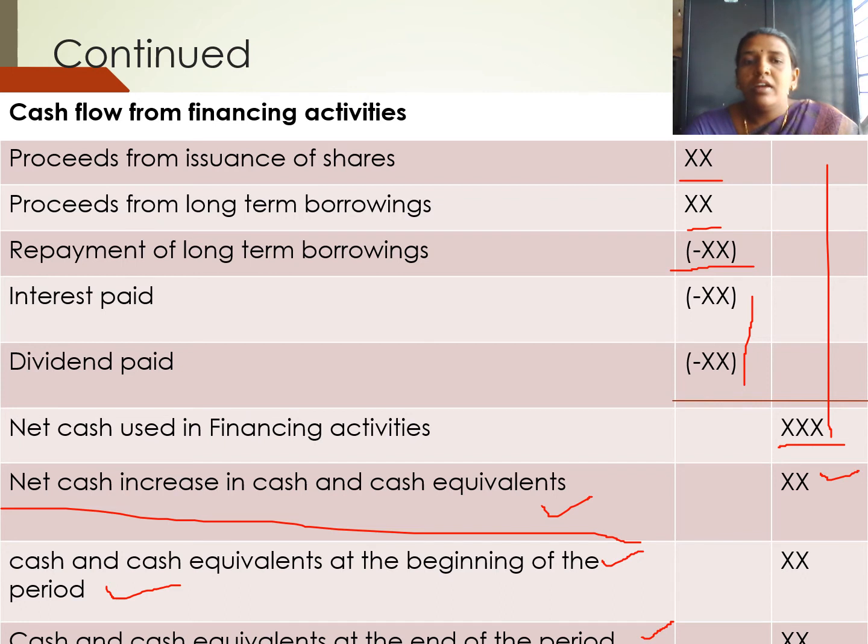For example, if there is an increase in cash during the year, we have to add that to the cash and cash equivalent at the beginning of the year. Then it will come the closing balance of cash. This is how to calculate cash flow statement under direct method of new methods of cash flow statement.